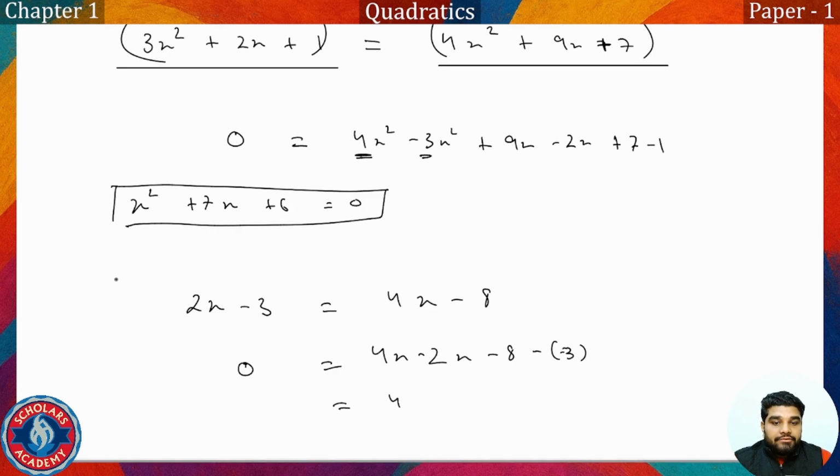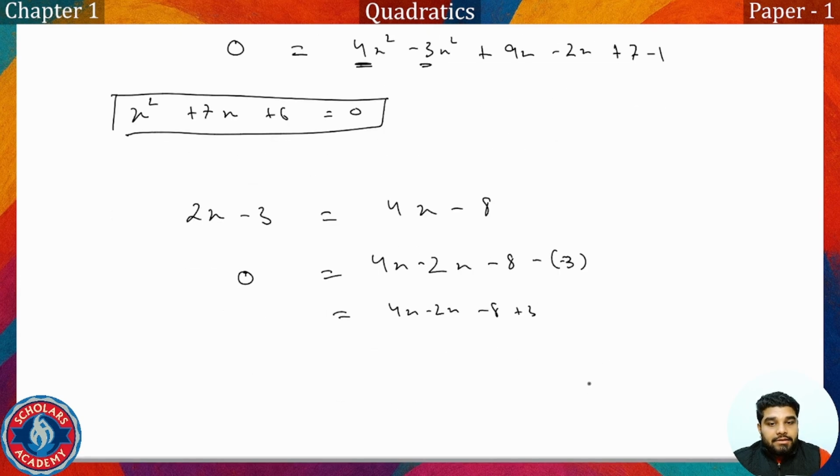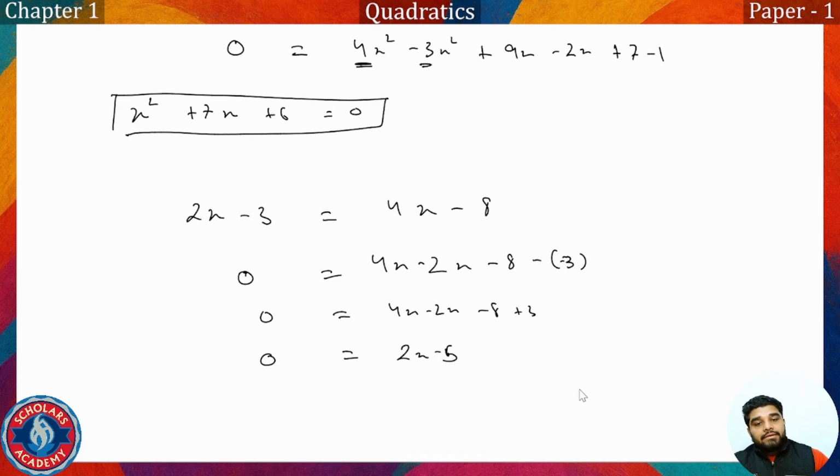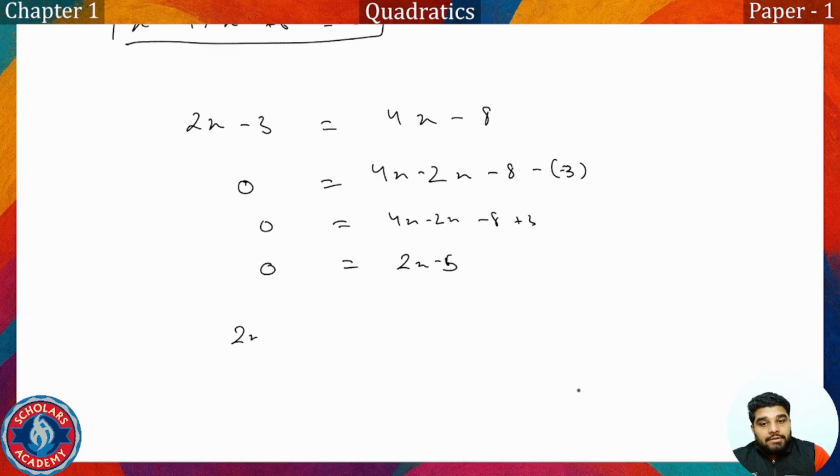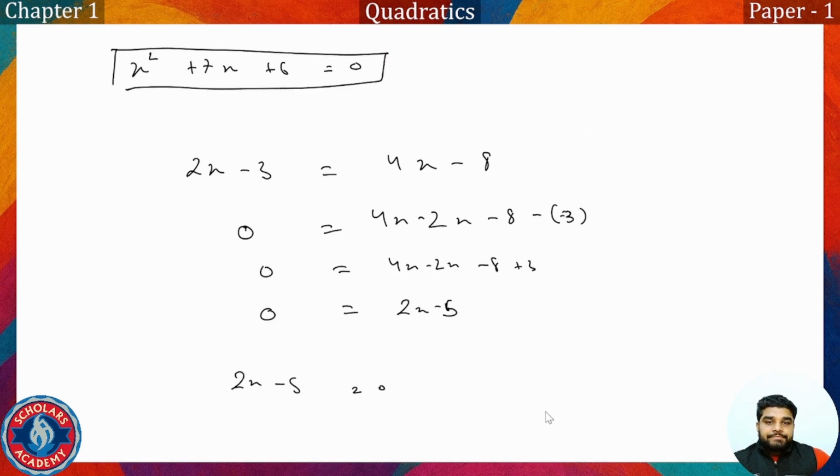So we get 4x minus 2x minus 8 plus 3. So the sign of negative changes to positive. All right, we are getting 0 is equal to 4 minus 2, which is 2x, and negative 8 plus 3, which is negative 5. 2x minus 5 is equal to 0. So this is how negative and positive change.